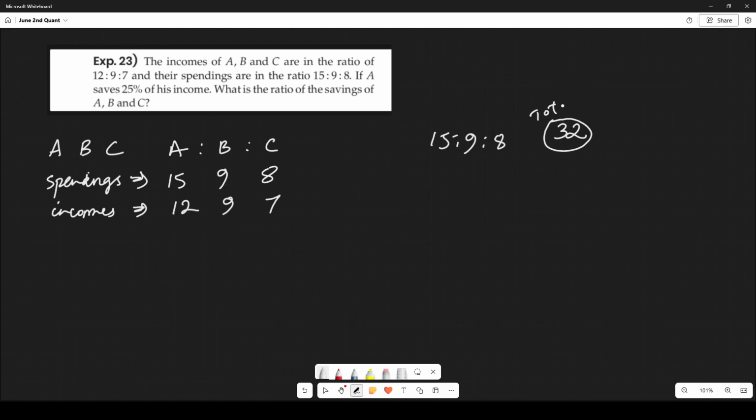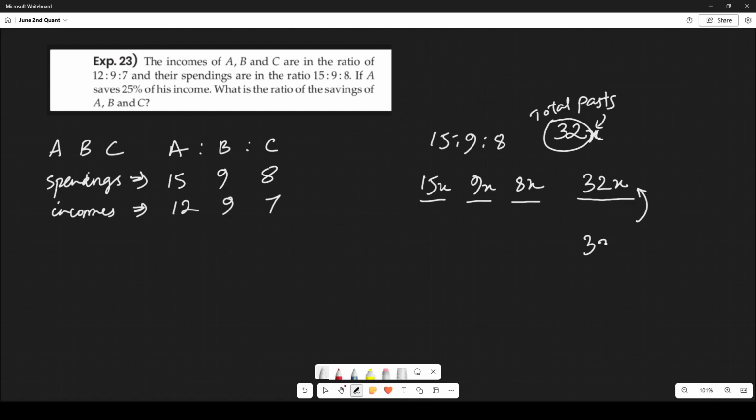So total parts is 32. If you multiply it with a common factor like x, you get 15x, 9x, 8x, 32x. These are the individual parts, and this is the total number of parts. And when you find the x, you can find the actual value.